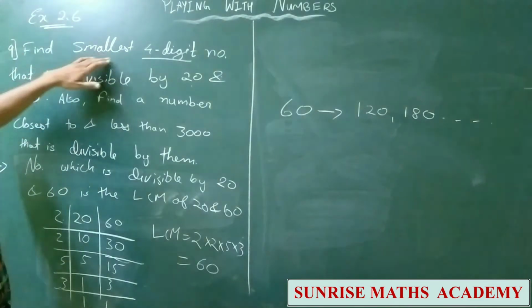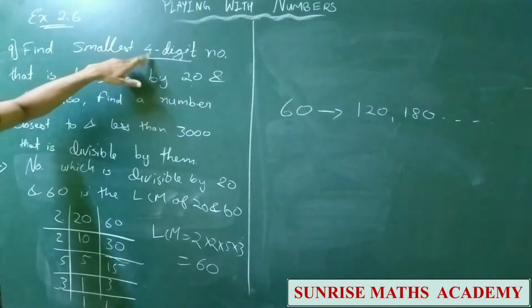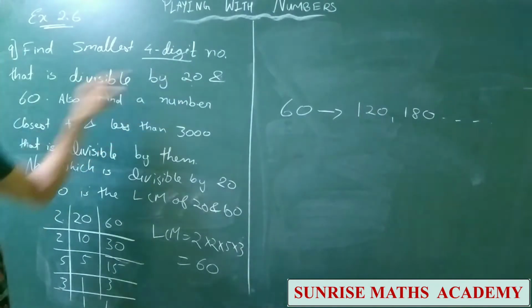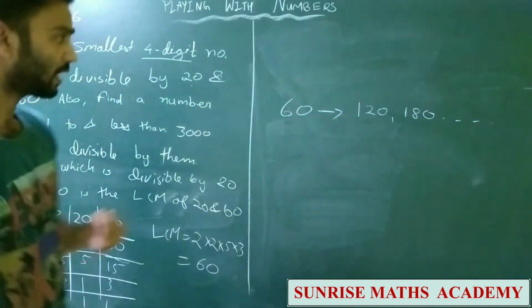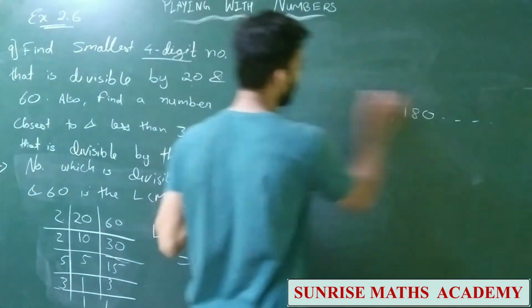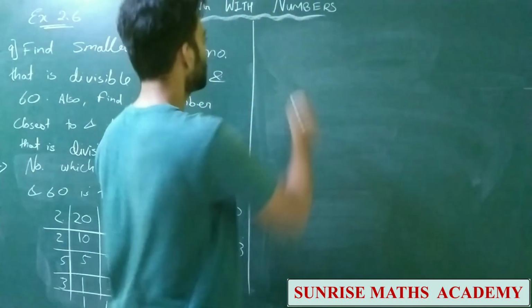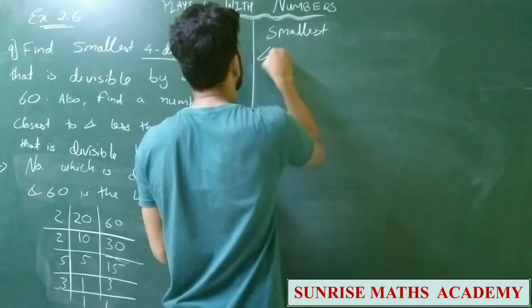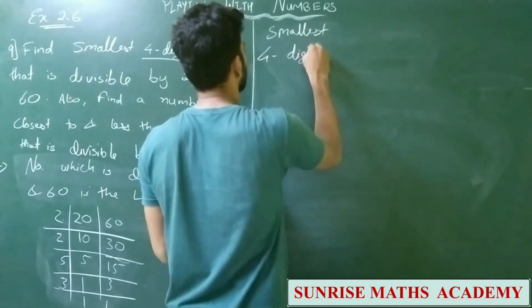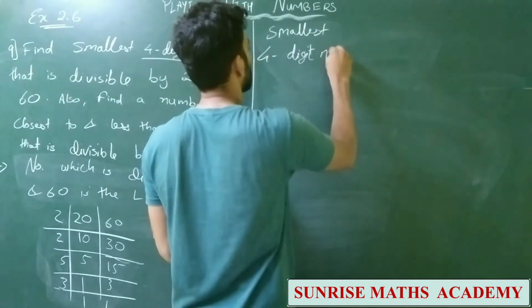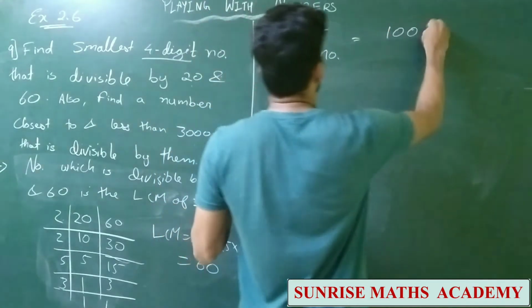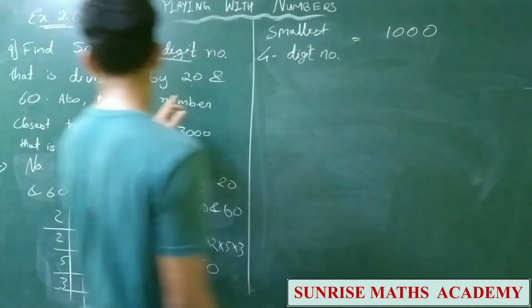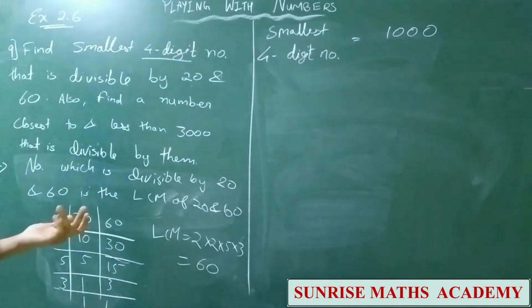Now we have to find a number which is the smallest 4-digit number and is divisible by 60 and 20. So what we have to do is first see the smallest 4-digit number is 1000. Now we don't know whether 1000 is divisible by 20 and 60 both or not.